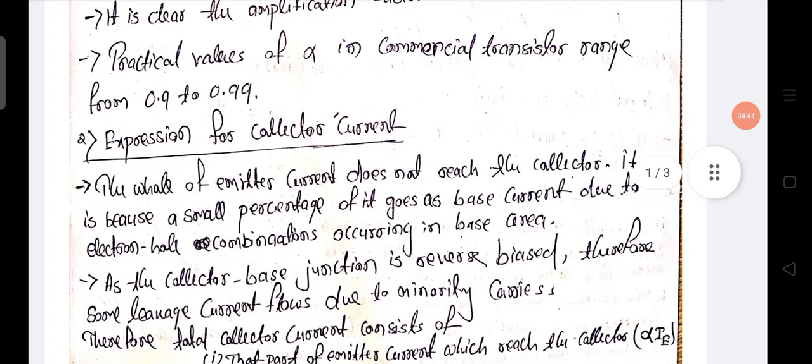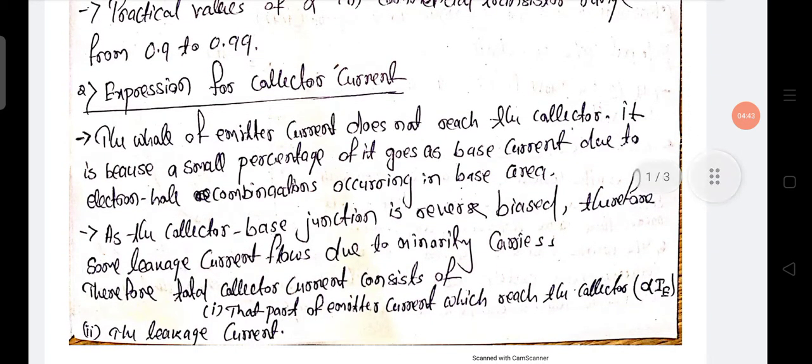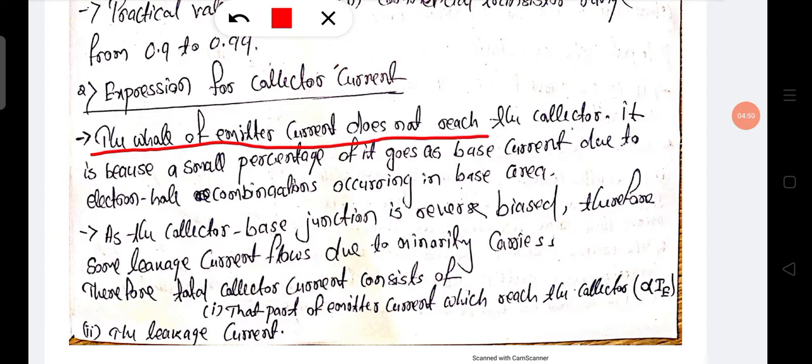Now what is the expression of collector current? The whole emitter current does not reach the collector.